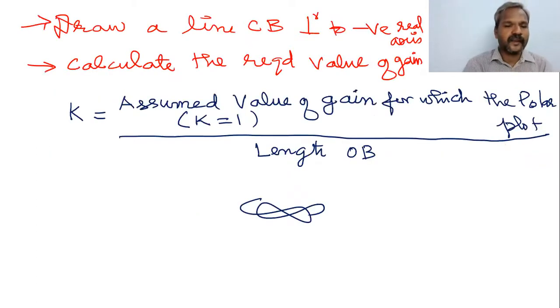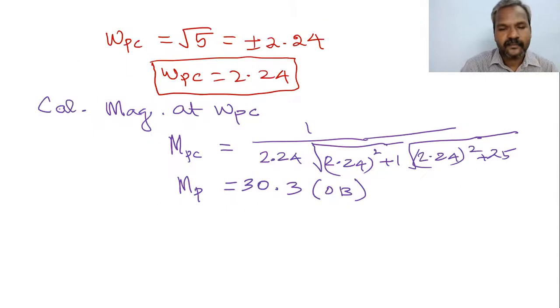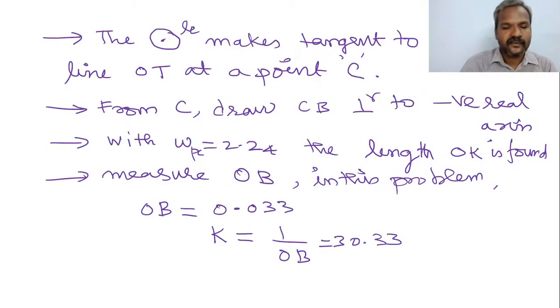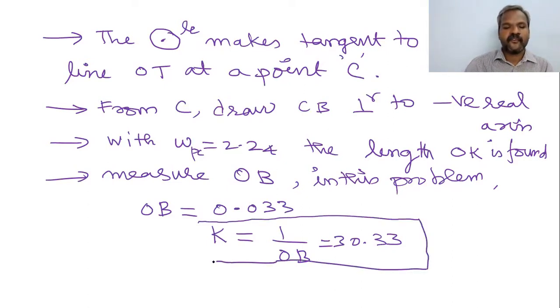The formula to find K, the adjustment of the gain, is K equal to the assumed value of gain divided by the length of OB. OB is 0.0333. So what is the desired gain for the given M circle value of 2? The gain is 30.33. So this is the answer.